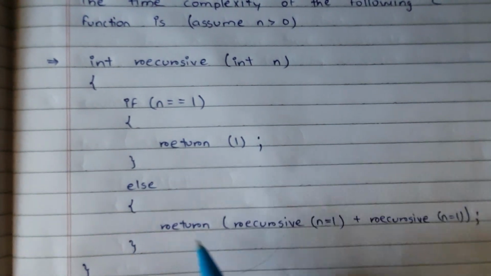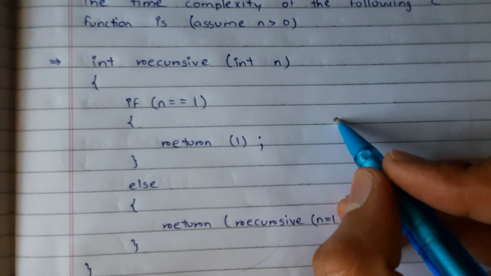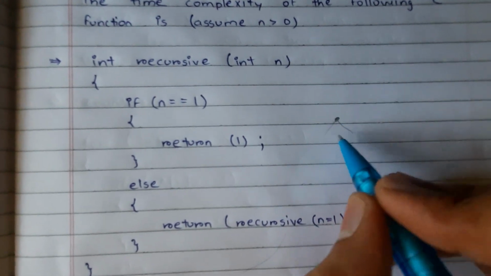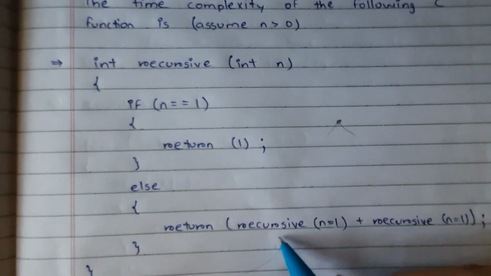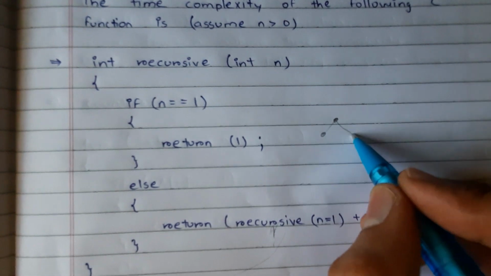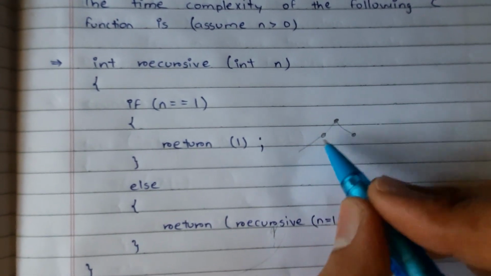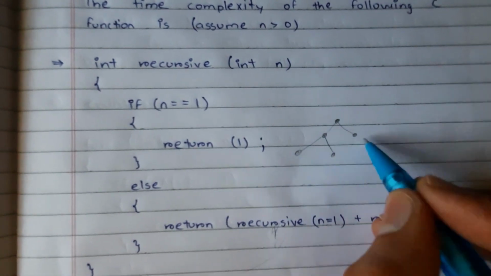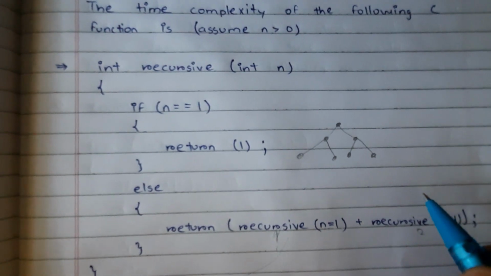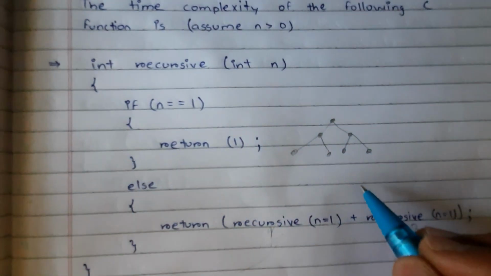If we visualize it, this is the first iteration, and it will make two calls, this first one and this second one. Then these two calls will again generate two different calls each. So likewise it will generate a binary tree.